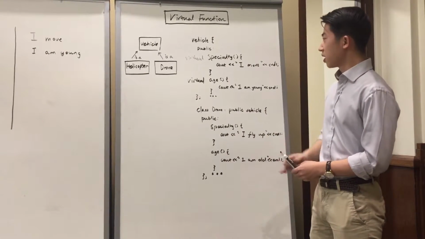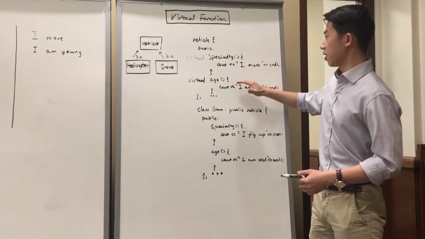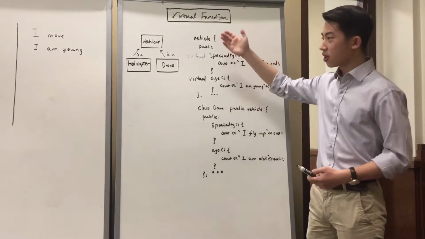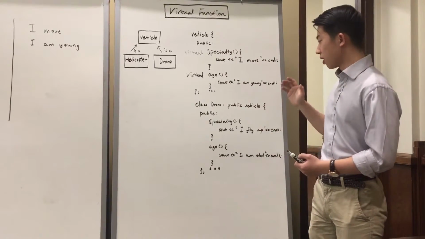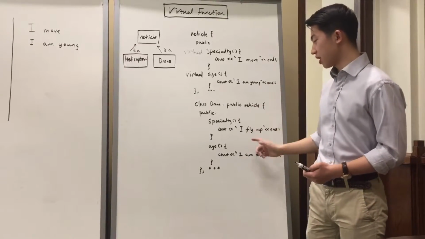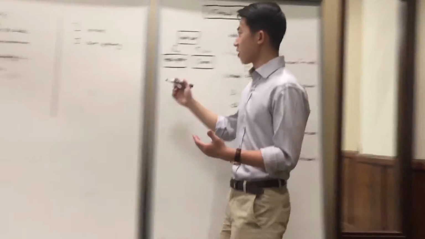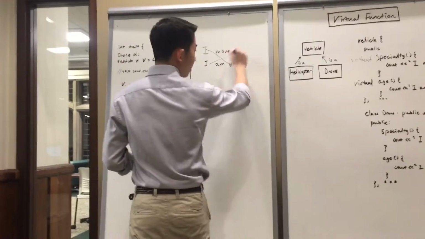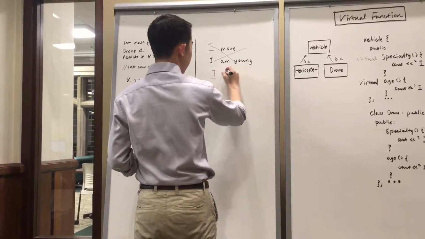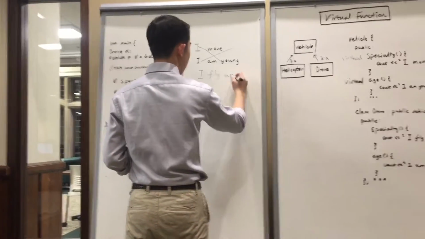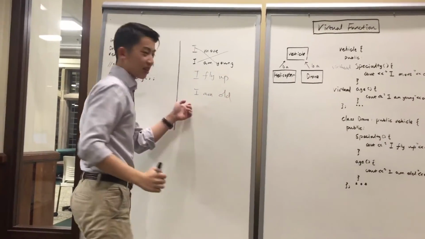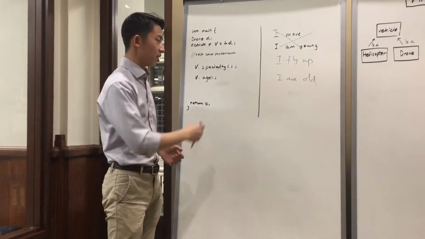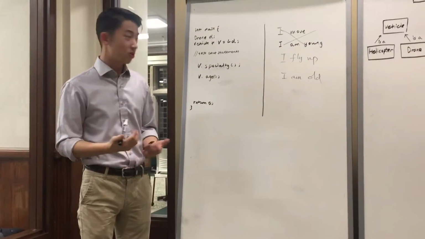Instead of using specialty and age of the vehicle, the compiler is going to wait till runtime and call drone's version of specialty and age instead. So instead of I move and I'm young, the compiler is going to call I fly up and I am old. And this is exactly what we intend to do, and virtual function allowed us to do this.